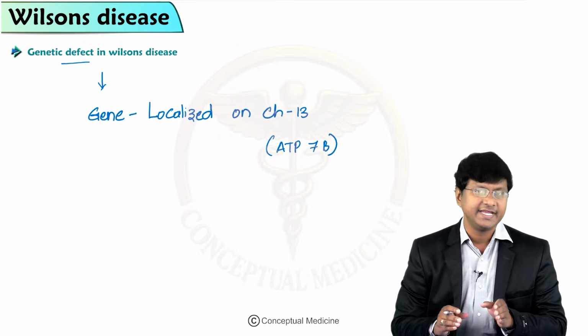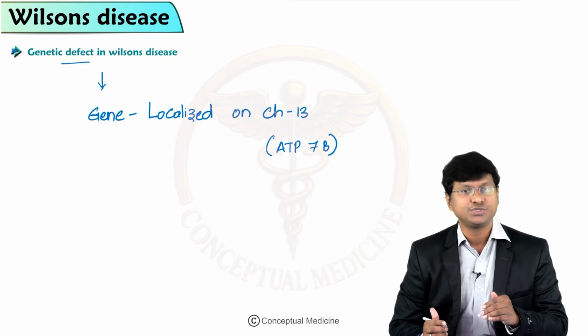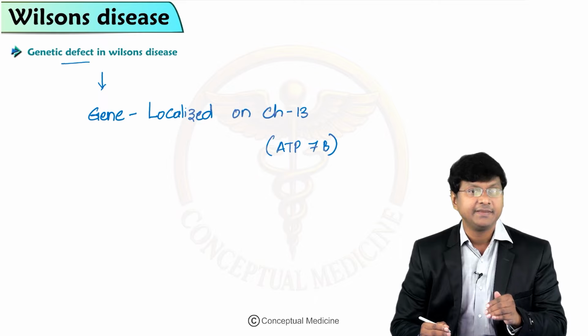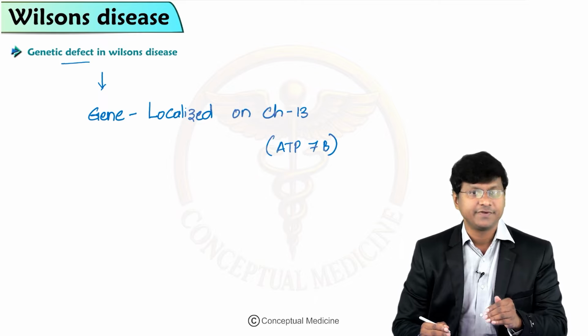This ATP7B gene has been shown to affect a copper transporting ATP, that is adenosine triphosphate, in the liver.